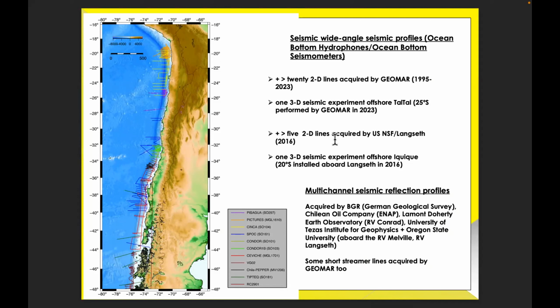They have acquired more than 20 2D lines using OBS, so wide angle seismic data, more than 20 since 1995 to the present. The last cruise was this year, from February to April, here in north central Chile.